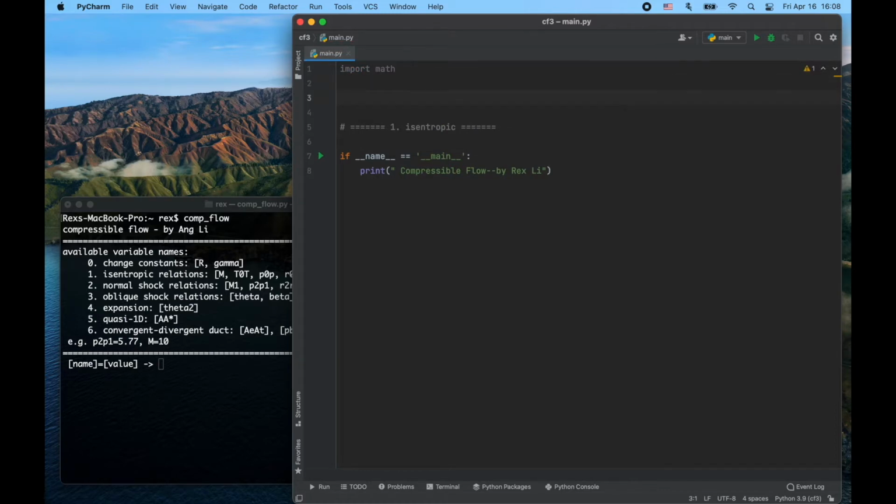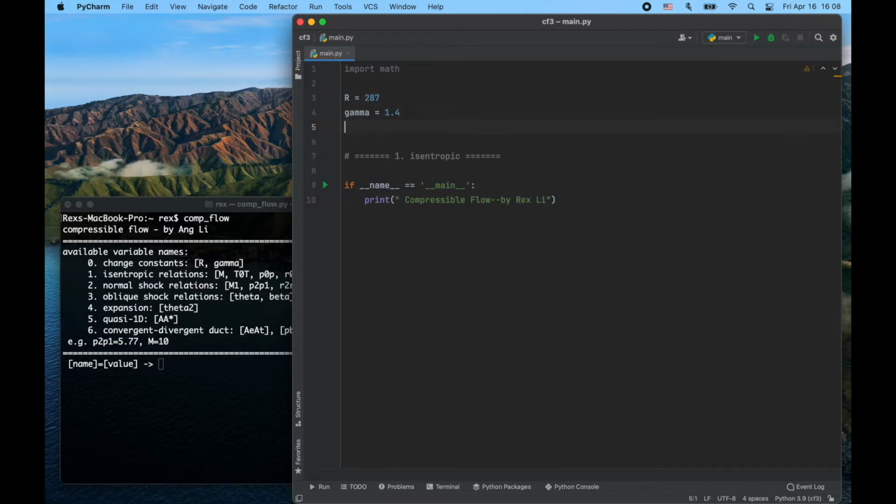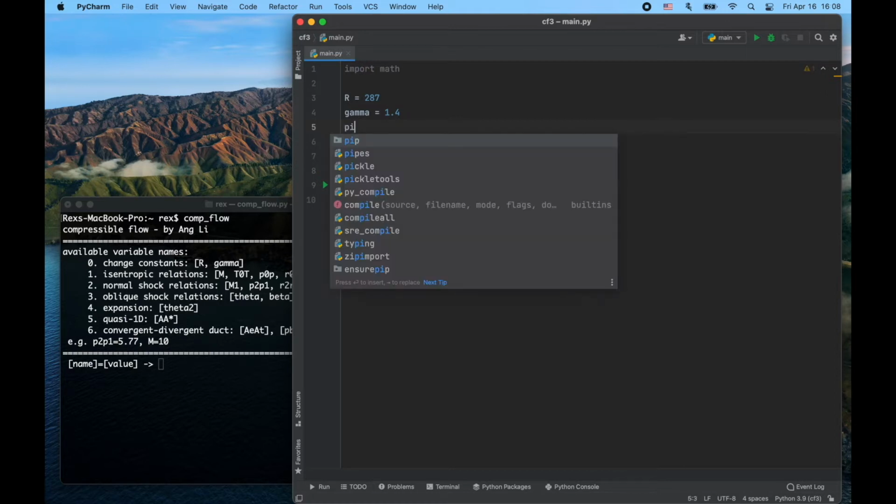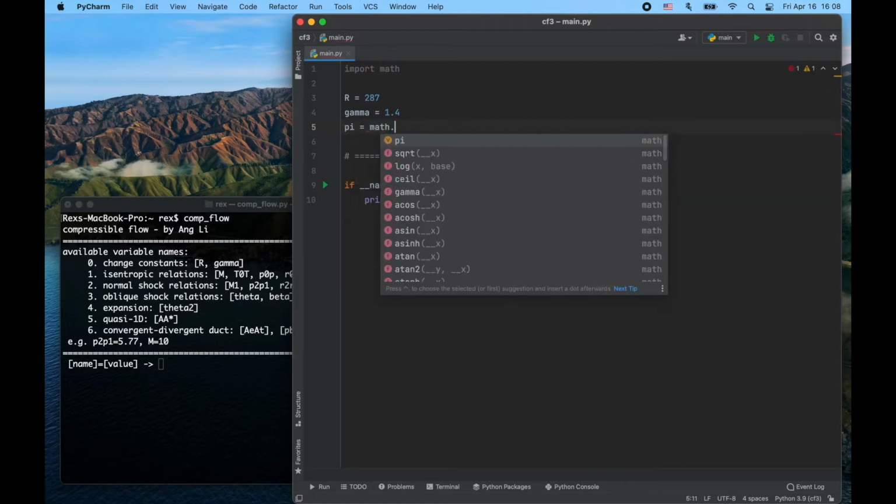And we can define the error constant here. They are going to be global variables. So R is 287, gamma is 1.4. And for convenience, I will just have pi equals to math.pi.